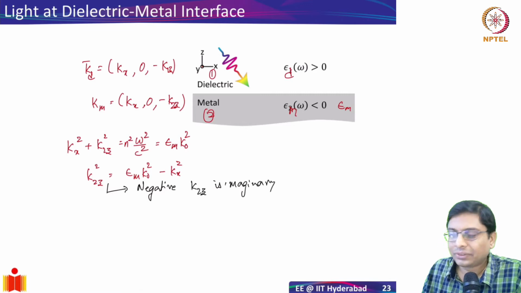What does it mean that k2z is imaginary? Well, we saw how the wave propagates. If you have an imaginary wave vector, immediately you have an attenuating wave or an evanescent wave. So that means that if you have a wave incident on the metal-dielectric interface, the light cannot penetrate into the metal.